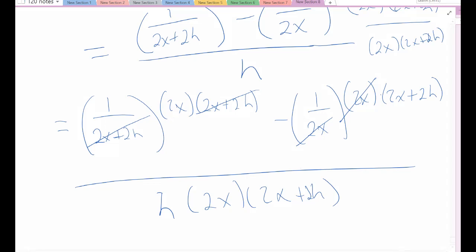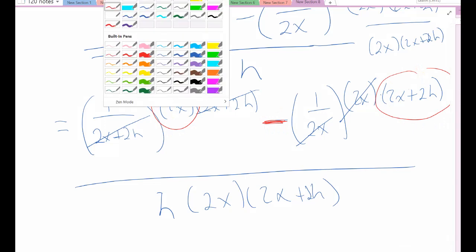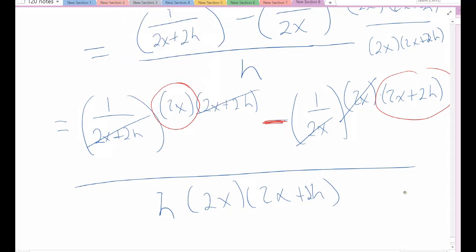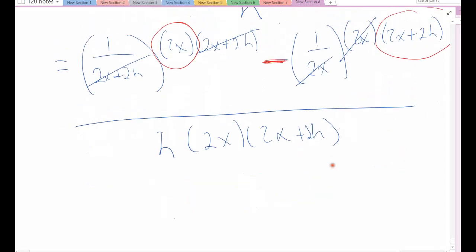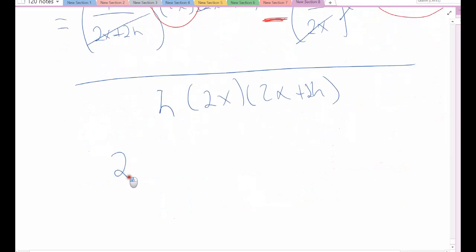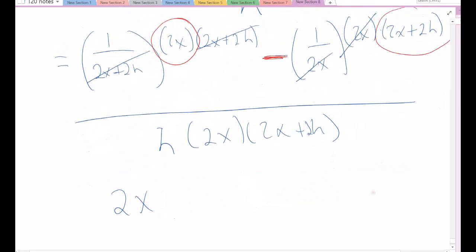Now I'm still left with something. In this expression, I'm still left with the 2x, and in this expression, I'm still left with the 2x plus 2h, and don't forget there's still a minus here that separates them. All right, in my next step, I'm going to write down what I'm left with. So I'm left with 2x in the first term, minus, leave the parentheses, they're important.